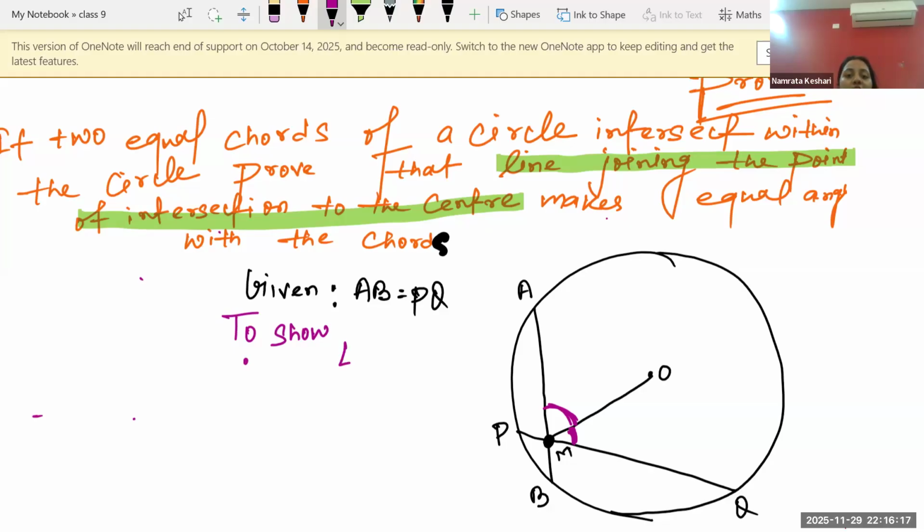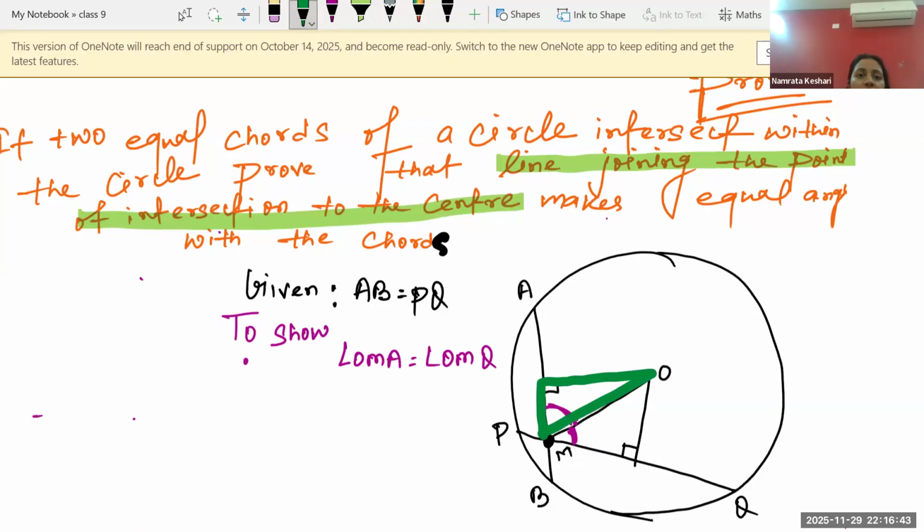That means basically we have to prove that angle OMA is equal to angle OMQ. That's what we have to show. Just now we realize that the moment we drop a perpendicular over here and a perpendicular over here, it's really simple to prove these two triangles are congruent with each other. Yes or no?